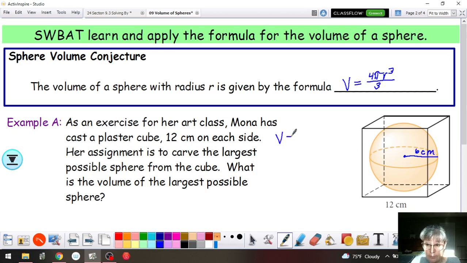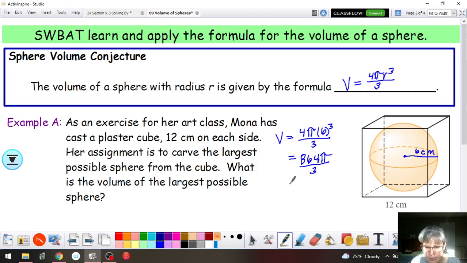So if we find the volume, we're going to have 4 pi times 6 cubed divided by 3. So I'm going to find 6 cubed and take it times 4. And that's 864, so we have 864 pi over 3, and I'm going to divide 864 by 3.